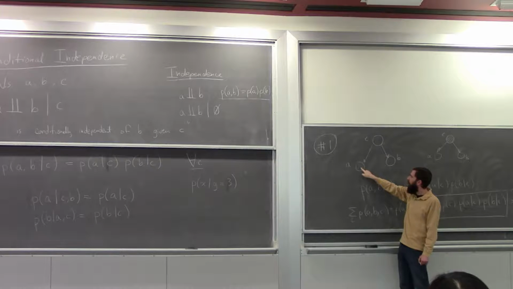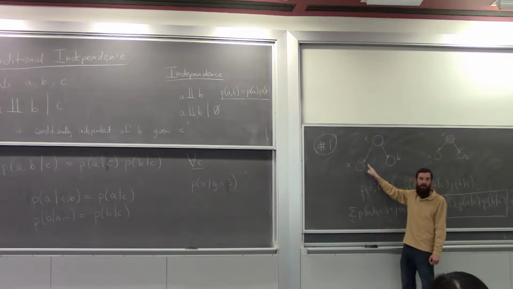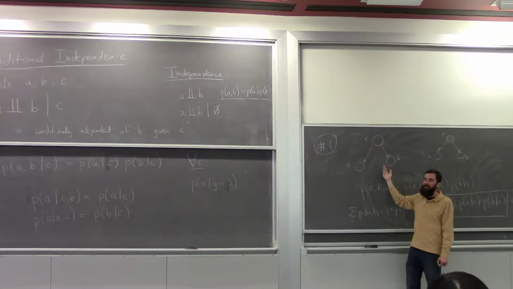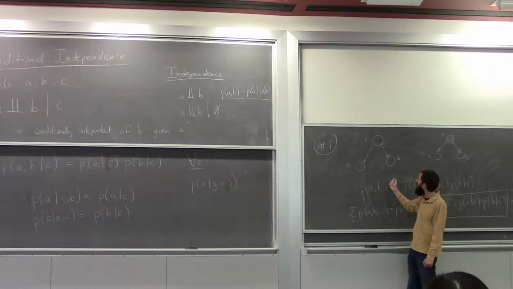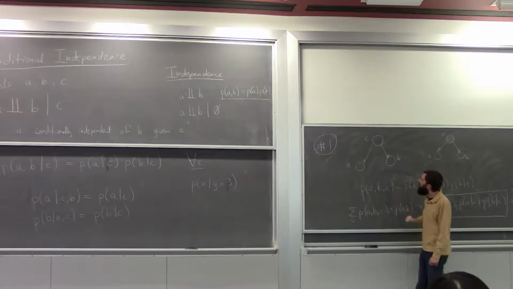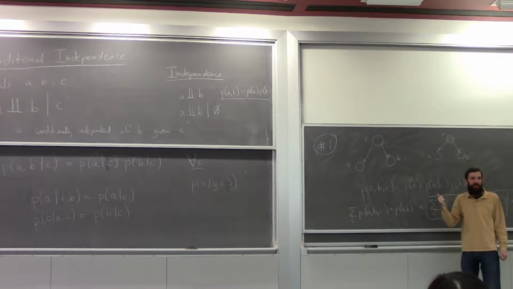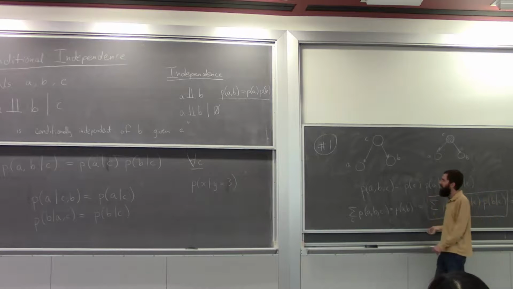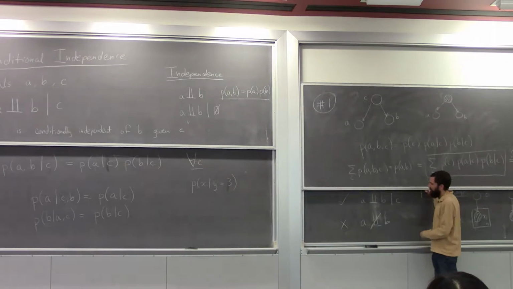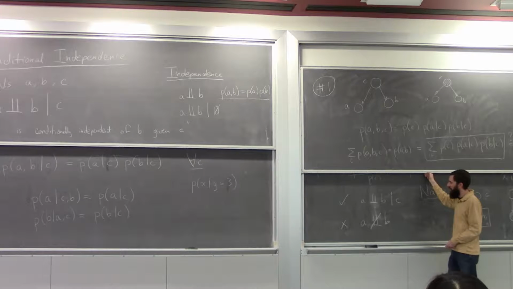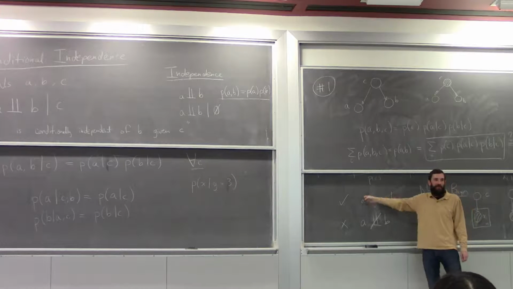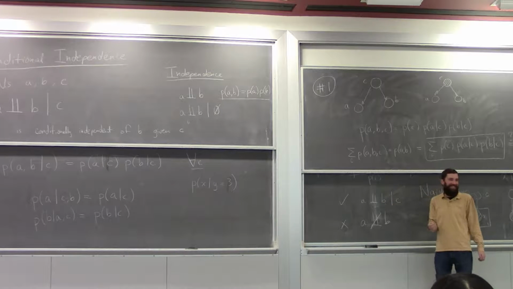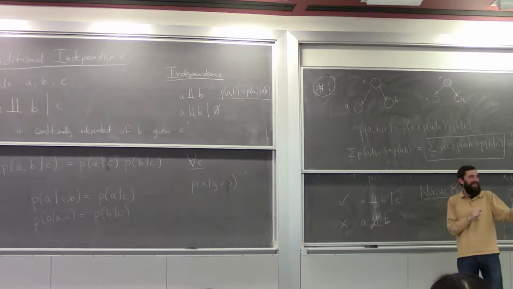A could be I have a cough, and B, I have a temperature. The problem is that it's hard for our brains to think about what it means, if I have the flu, for these two to be independent, because you usually get both. So that's a hard example. That doesn't quite help.